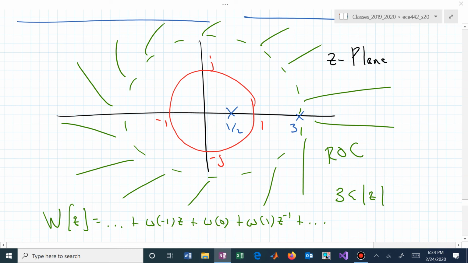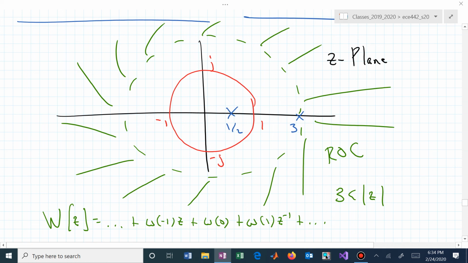That's what I'm trying to do now. I'm trying to sketch that out. I've said, oh, I know capital W of z, if it exists, has this series expansion: a bunch of negative indices scaled by z squared, z, and then I get into the constant W of 0, plus then all the positive ones. W of 1, z to the minus 1. W of 2, z to the minus 2.